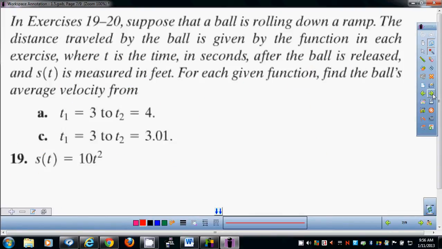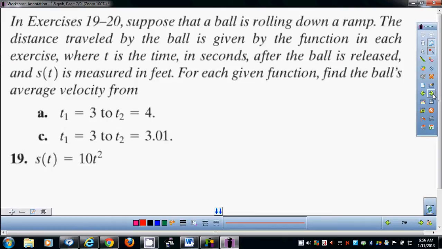Suppose the ball, see, physics, calculus. Suppose that a ball is rolling down a ramp. The distance traveled by the ball is given by the function in each exercise. So here's our function this time, where t is the time in seconds after the ball is released, and s of t is measured in feet. For each function, find the ball's average velocity from, and then they give you 2 different time intervals.